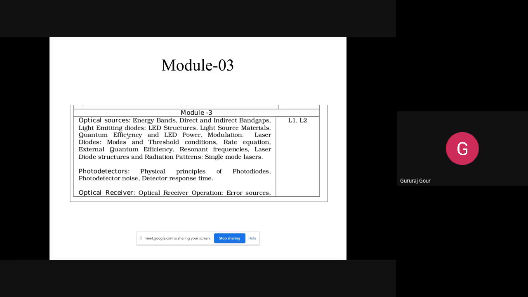We will study them along with the quantitative discussion. On the optical receiver with some error sources concept, we are going to put some light, not going into much detail. So just a brief look here in Module 3 regarding optical sources, detectors, and detectors as a part of the receiver.